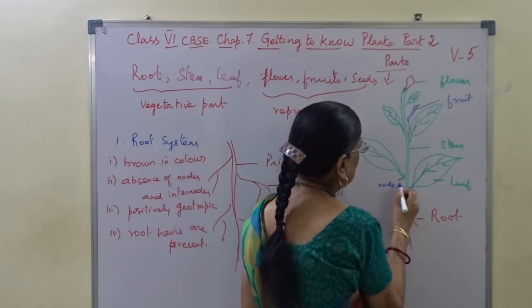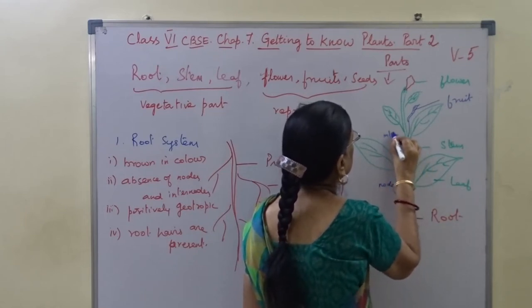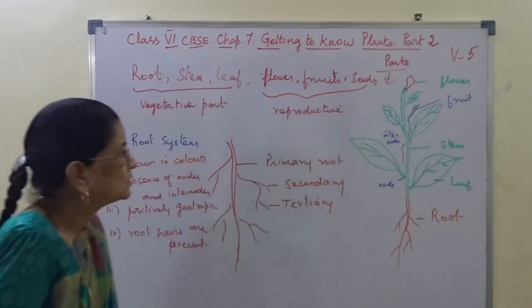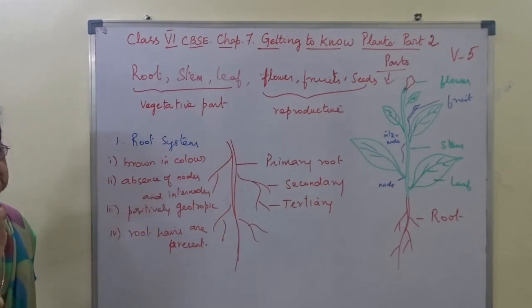This is the node, and this space is the internode. These nodes and internodes are absent in the root system.